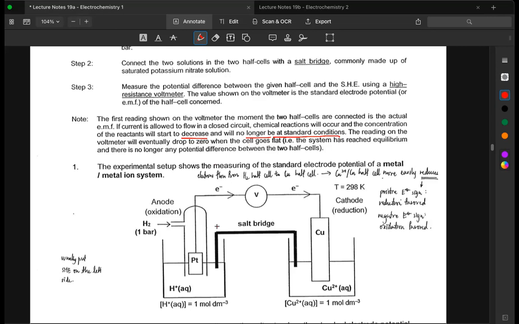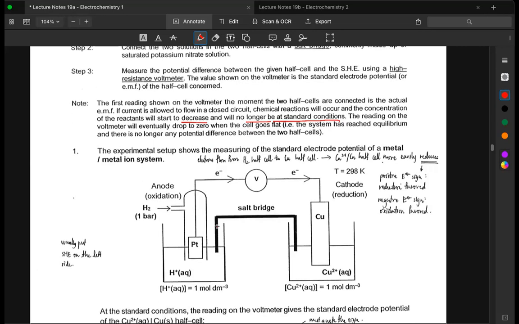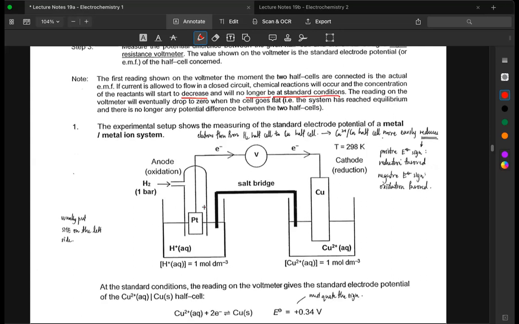Just like your battery cannot last forever, the voltage will keep on decreasing until it reaches 0, then you cannot use it anymore. You have to replace the battery. So when the voltmeter reading drops to 0, it means the system has reached equilibrium and there is no more potential difference.